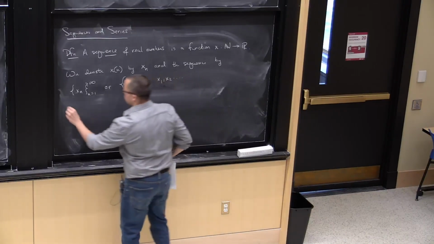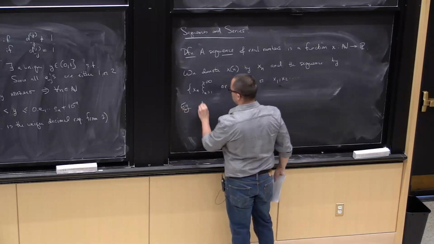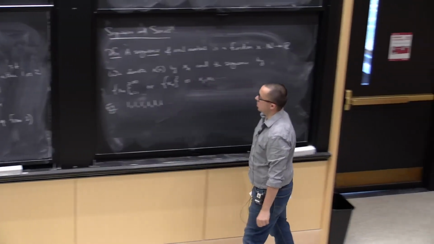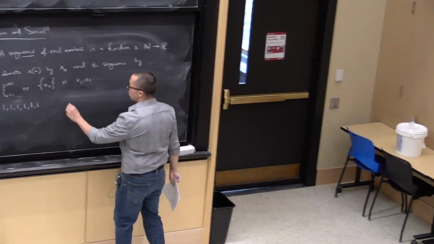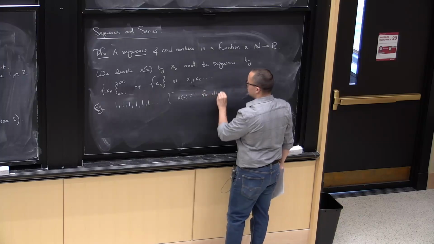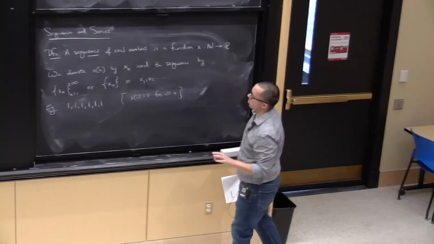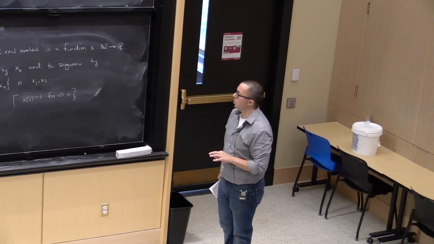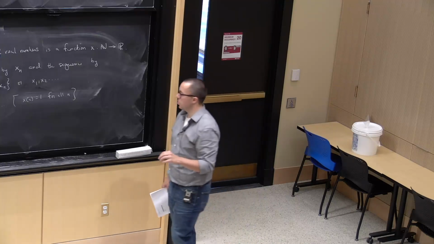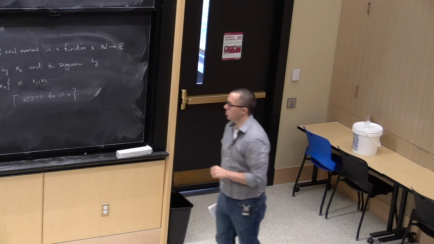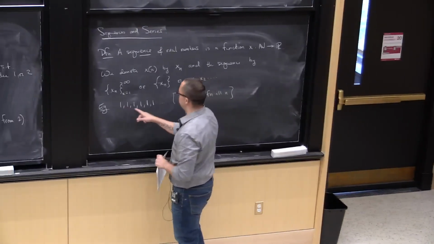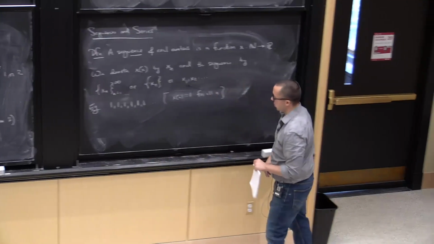So, for example, 1, 1, 1, 1, 1, that is a perfectly good sequence, okay? In terms of what is the function, this is x of n equals 1 for all n. But again, I will not think of a sequence as a function, just as we never thought about functions as certain subsets of the Cartesian product of two sets. You should really think of these as just a list of real numbers, okay?